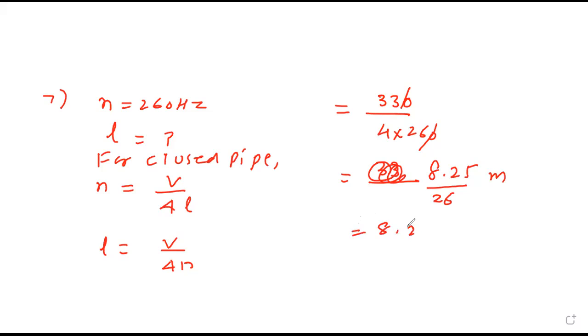That means 8.25 into 100 upon 26 in centimeter. That will become roughly 25 into 400. That means answer will be slightly less than 32. 4 eights are 32. Slightly less than 32 is there? 31.7, B. Yes, B option.